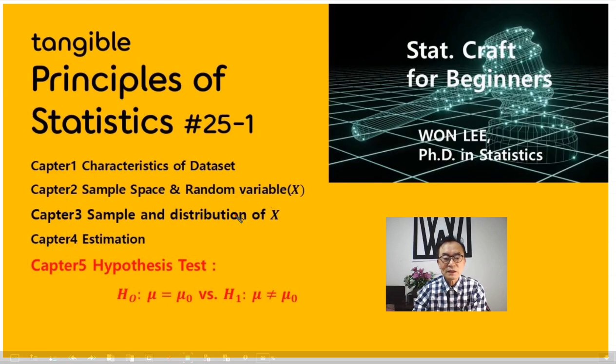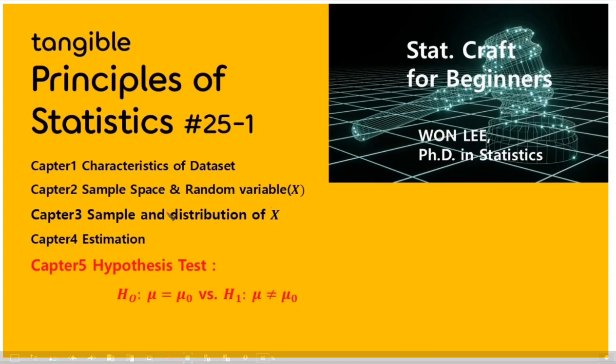Today's topic is H0: mu equal to mu 0 versus H1: mu is not equal to mu 0. It is a basic problem in hypothesis testing. Once you understand this one, you will understand it for other parameters.